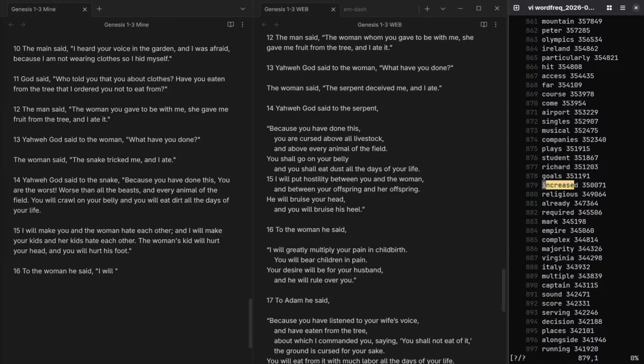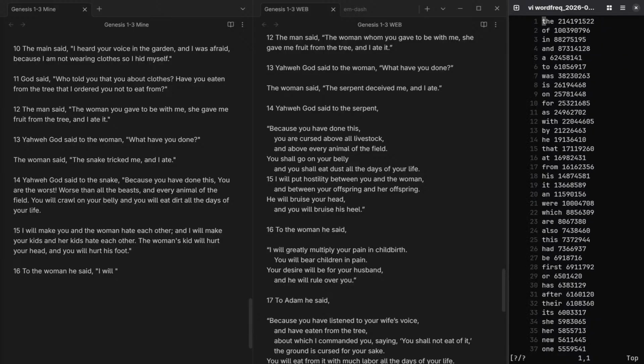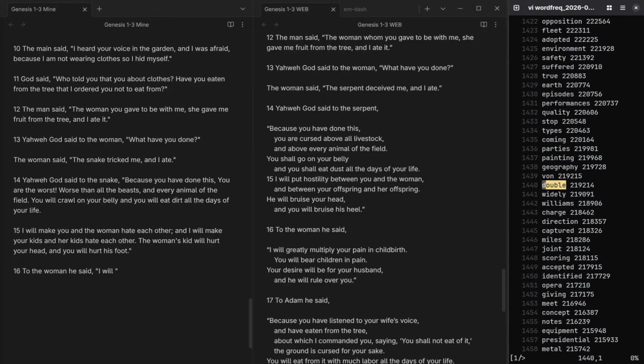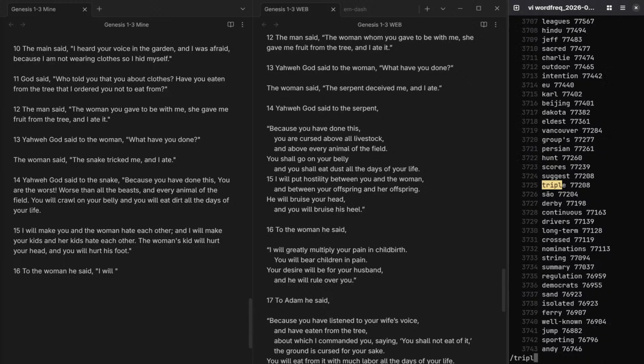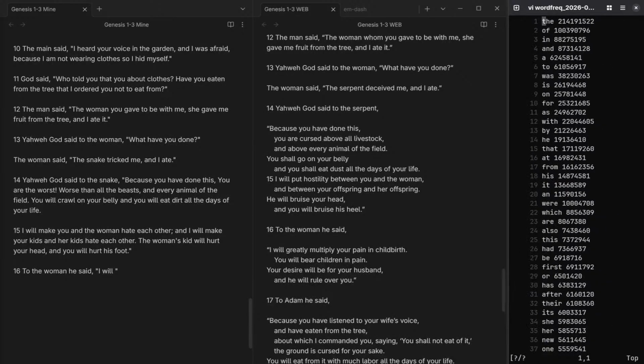I could say double. I mean, that's even more rare, at least in Wikipedia. I mean, multiply works.